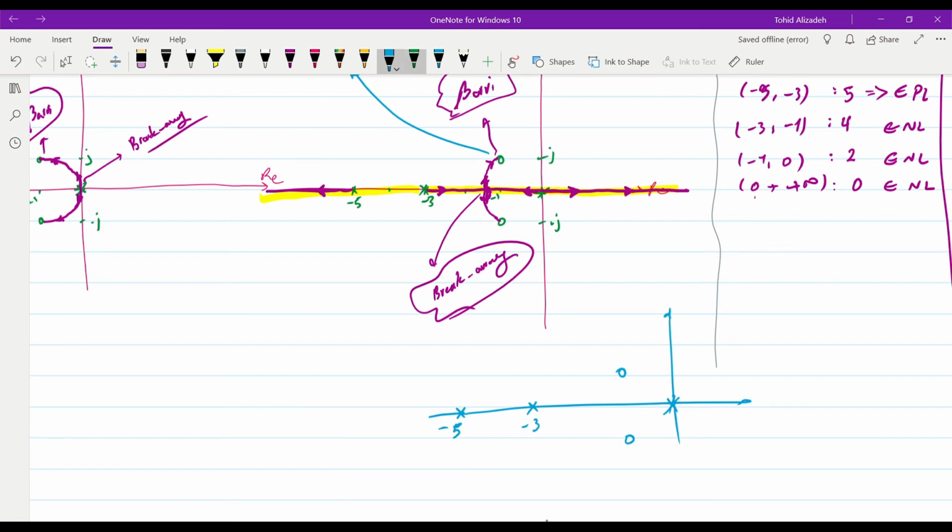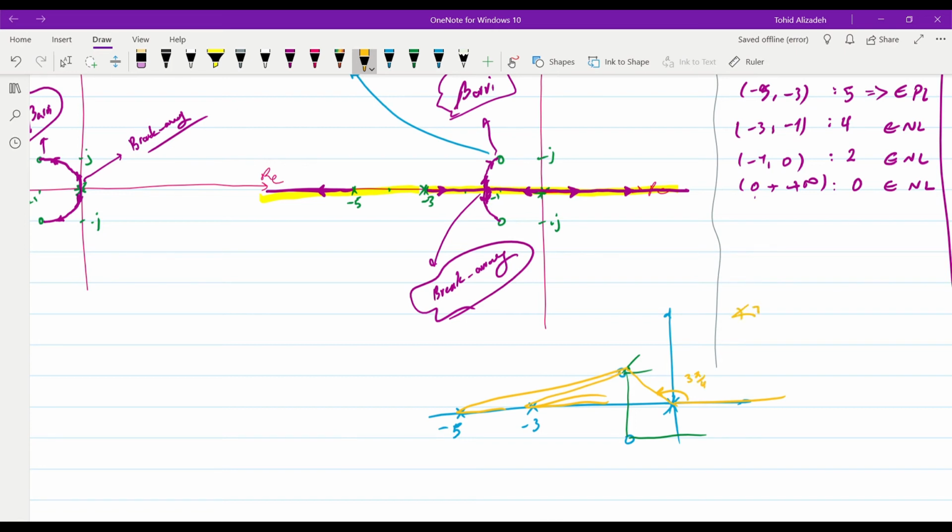If I apply the phase condition in the vicinity of the zero over here, we would need to connect that test point to all the poles and zeros and find out the angles. So this angle will be 3 pi over 4.